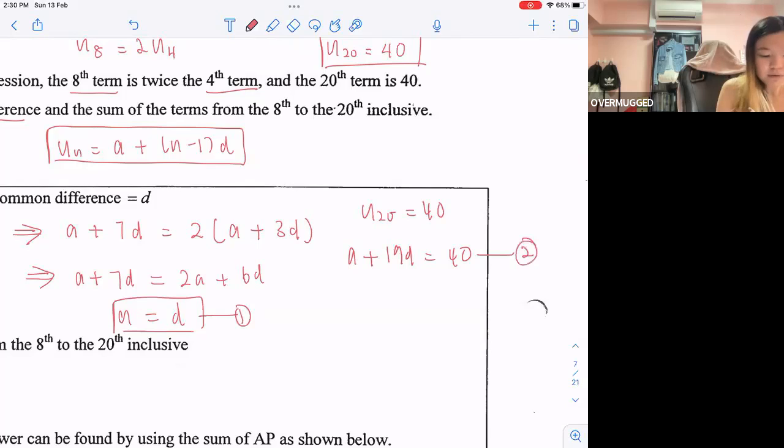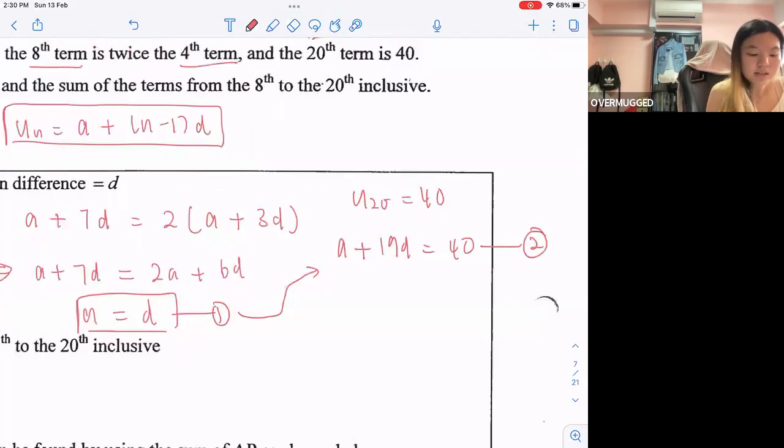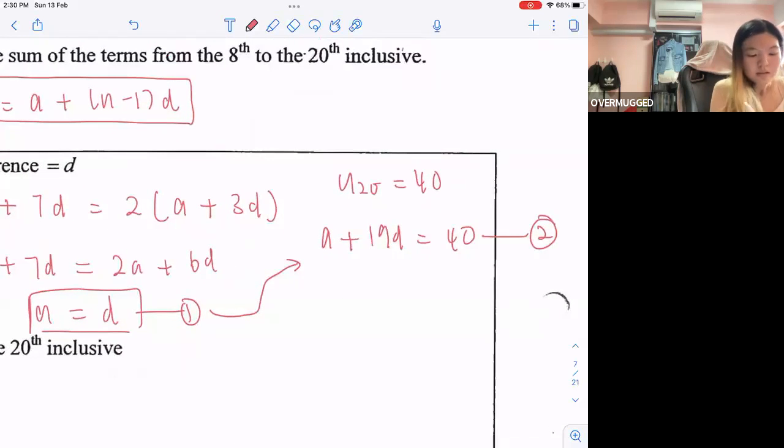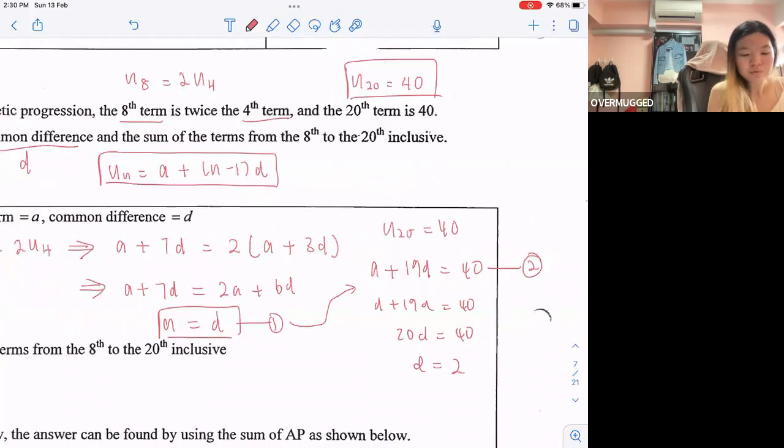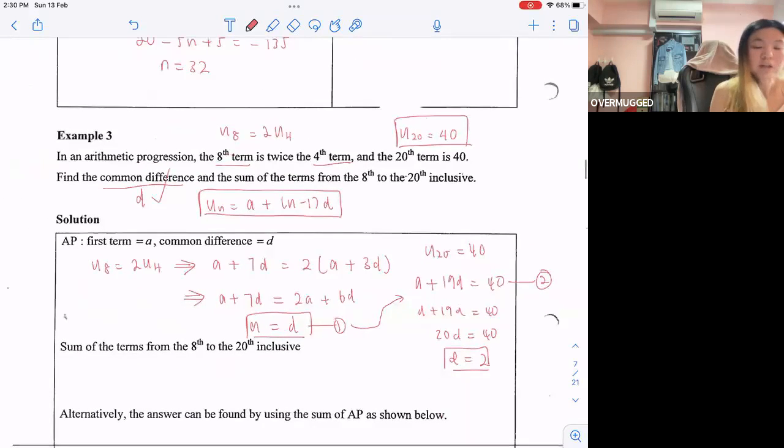I'm going to sub formula number 1 into number 2 to find out what my D is. D plus 19D is 40, so 20D is 40, and D is equal to 2. So that is the first part of my question answered. I found my common difference.